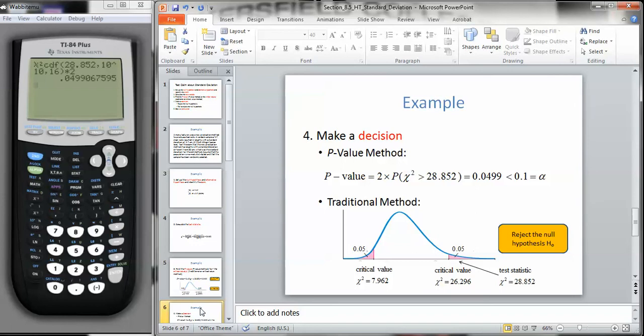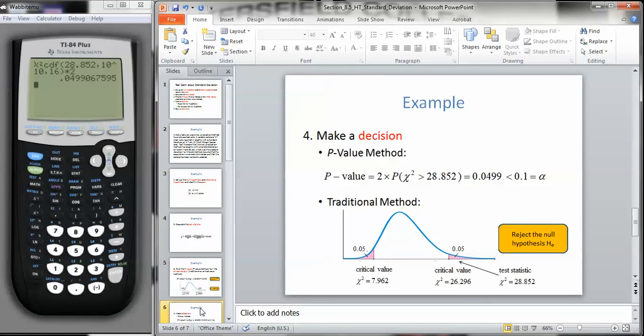Making a decision: for the p-value method, we compare the p-value with alpha. Our p-value is 0.0499, and that's less than 0.1, so it leads us to reject the null hypothesis. By the traditional method, our test statistic falls into one of the critical regions, in particular the critical region on the right. Because this is a two-tailed test, we have two critical regions.